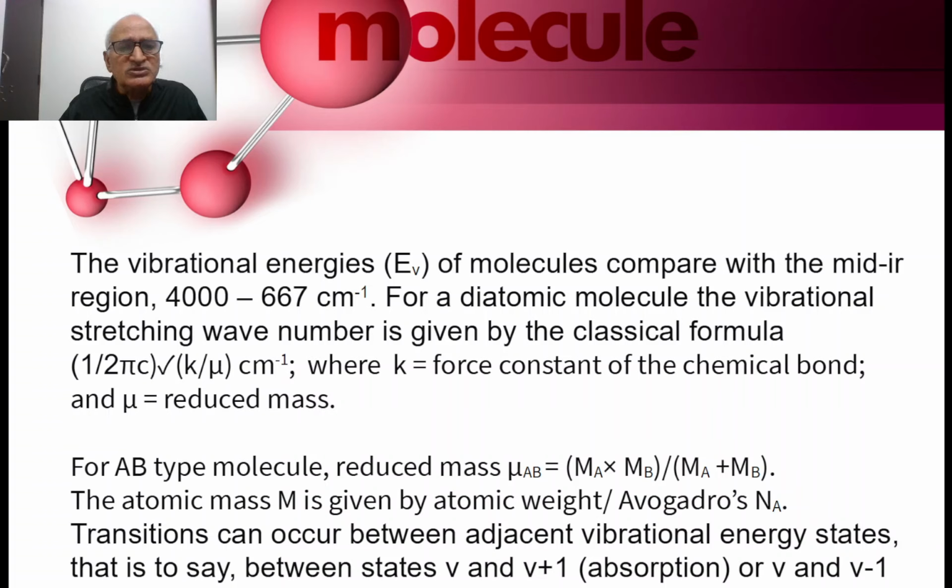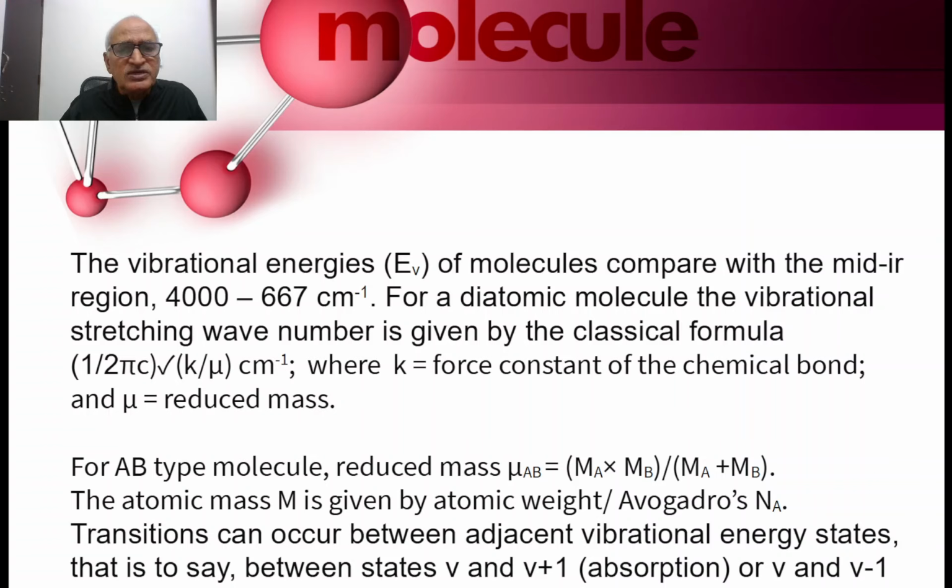Mu is reduced mass. What is reduced mass? Suppose we have a molecule of the type AB, two atoms, atom A and atom B. And how do we calculate the reduced mass? Mass of atom A multiplied by mass of atom B divided by sum of both masses. And how do we calculate atomic mass?